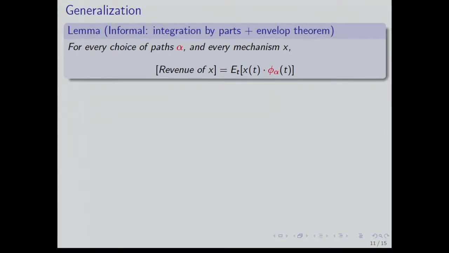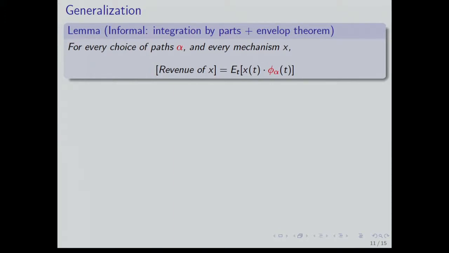I don't expect you to understand why, but we're just going to focus on how to use this lemma. This lemma is an extension of integration by parts plus the envelope theorem to high dimensional settings, and says that for any choice of paths in this space, so pick your two-dimensional or even higher dimensional space and cover it with a certain selection of paths, let's call that alpha, and any mechanism x, you can use a virtual value function that is going to be implied by your choice of paths.